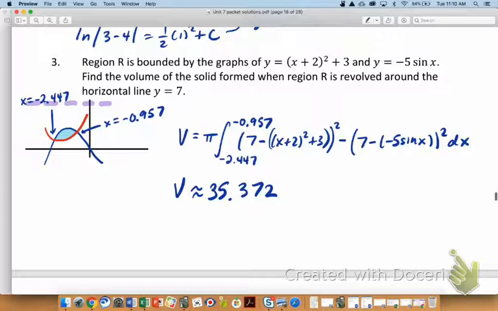So I would type in x plus 2 squared plus 3. Squared plus 3. The other one, negative 5 seconds. Oh, it's minus 2.